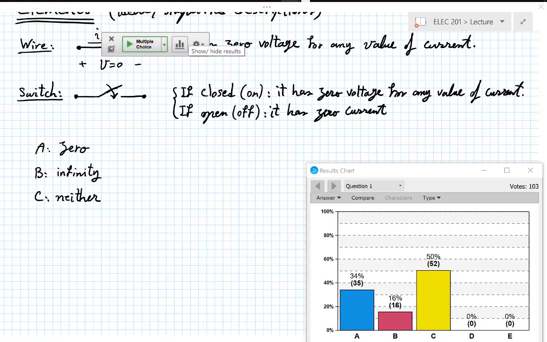So we have 50% of the class saying neither 0 nor infinity. And I take it you're not saying it's going to be 5.3 volts, right? You're probably thinking that it could be anything, and you would be right to think so.